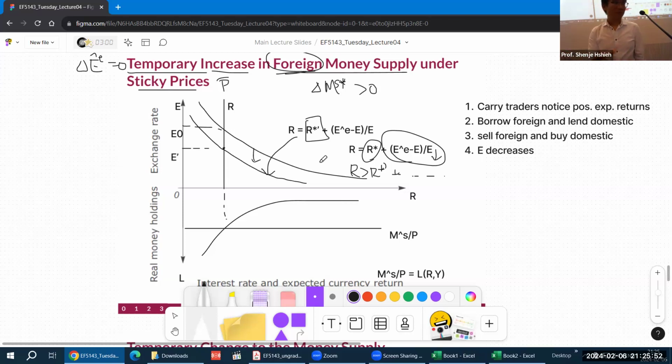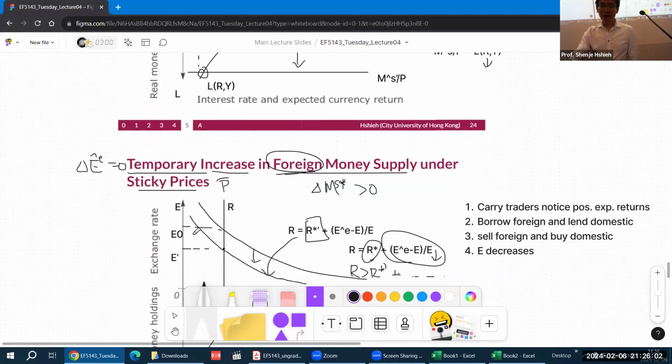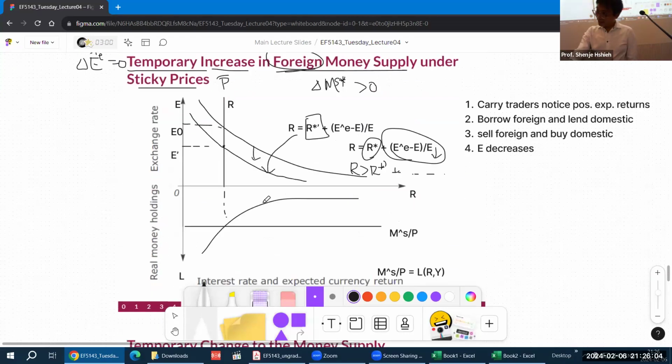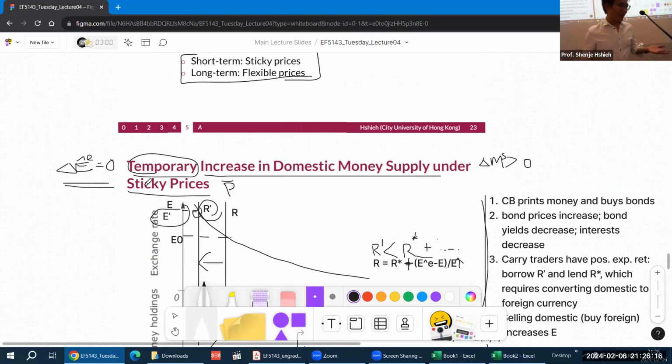So, two sides of the same analysis. When I do this analysis, my trading partner looks like this. When I do this, my trading partners look like this, vice versa. Okay, so everyone should know how to do this.